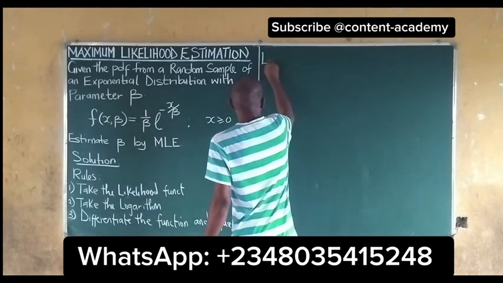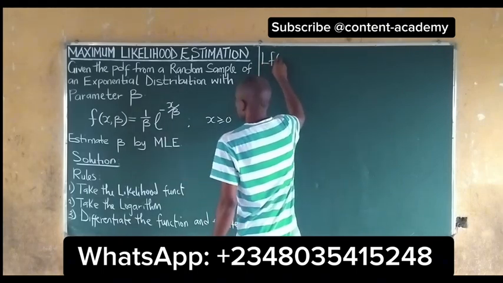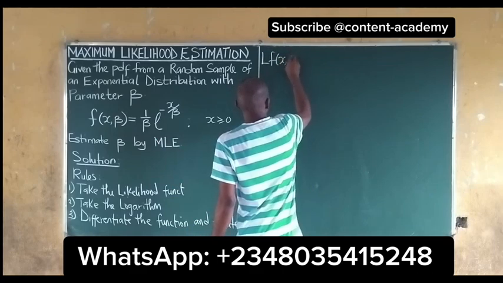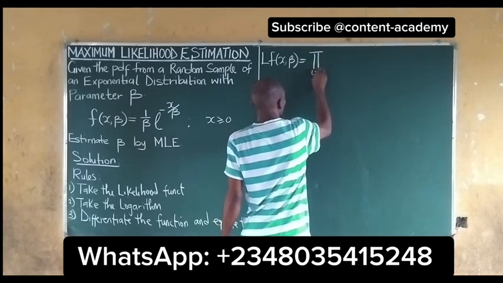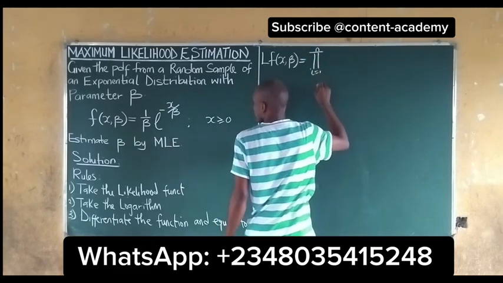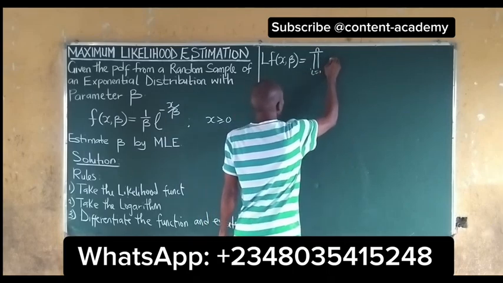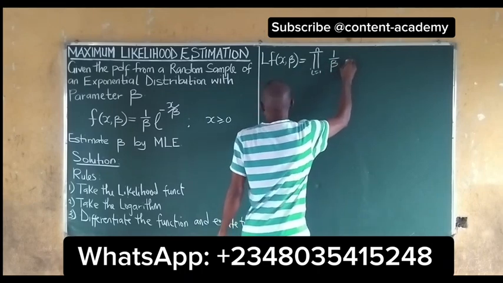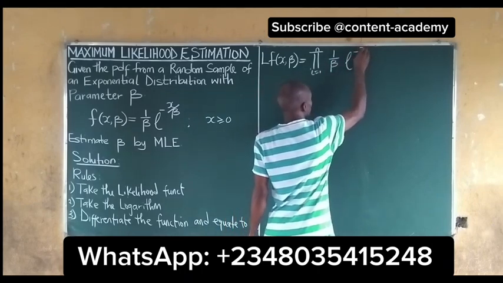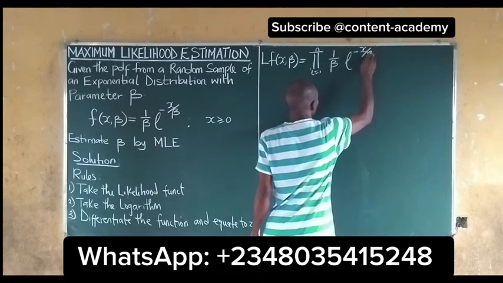So the likelihood function for the given PDF with parameter beta is the product, i running from 1 to n, of 1 all over beta exponential negative x_i all over beta.